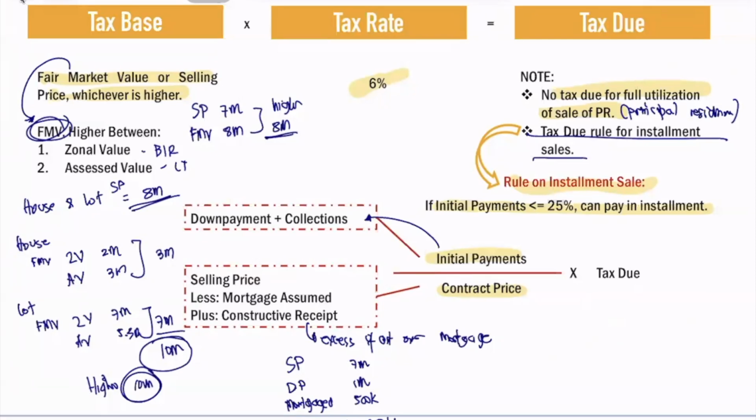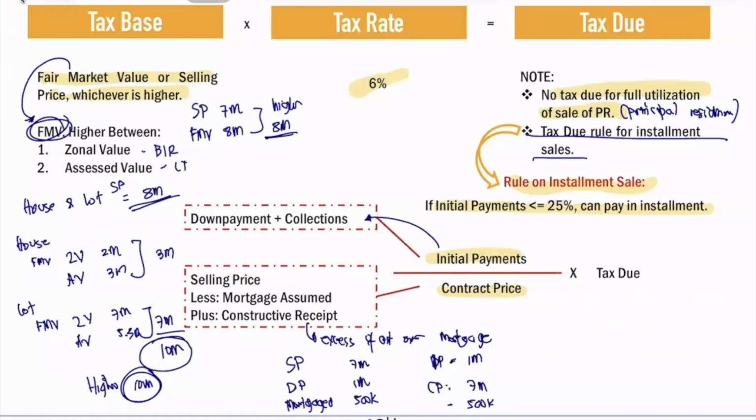Okay. First, we get our down payment plus collection. Our initial payment here is 1 million. Now for the contract price. Our contract price is your selling price, which is 7 million, less any mortgage assumed, which is 500k.